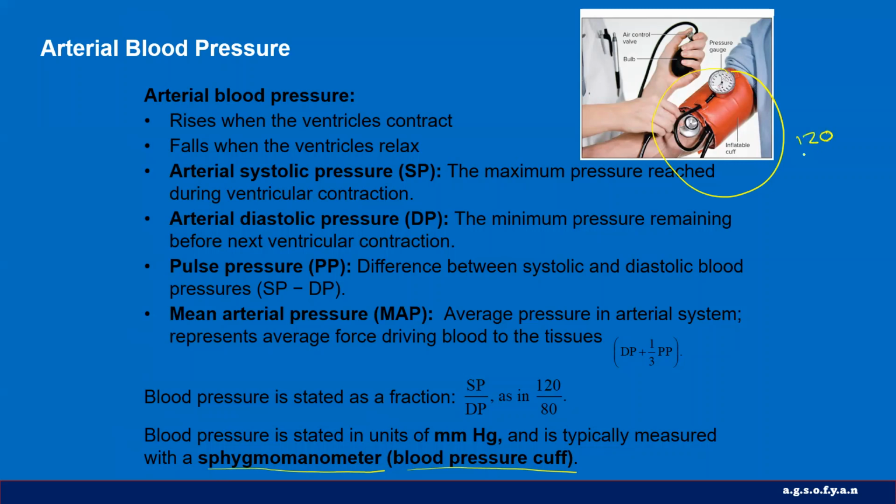Normally 120 over 80 millimeters of mercury. So that's the blood pressure unit. Normally 120 over 80. It is measured by this equipment, a sphygmomanometer.